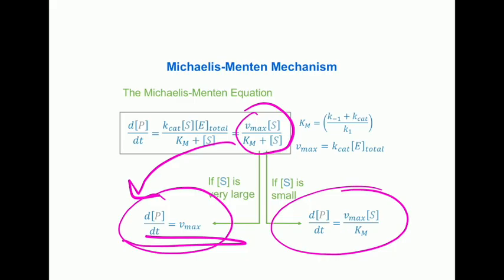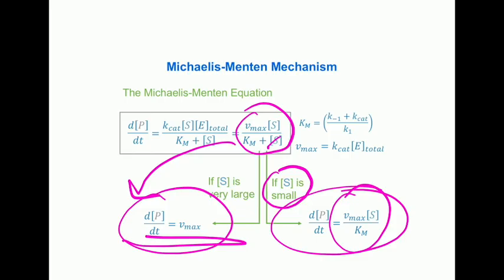On the other side of the equation, if S is really tiny, we can neglect it, so it disappears in the denominator, and now we have Vmax S over Km. We use this all the time. If I looked at this here, dP/dt equals Vmax, what is the order in A, in your substrate, if this is your equation?